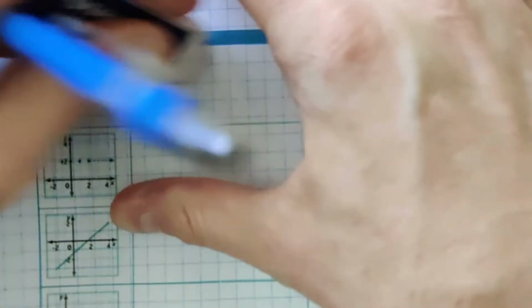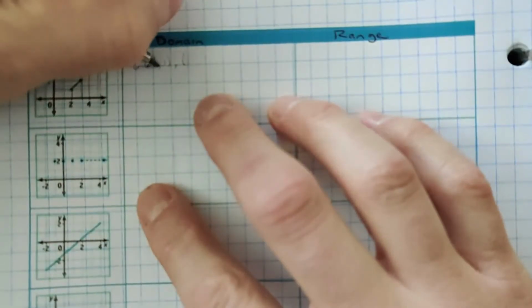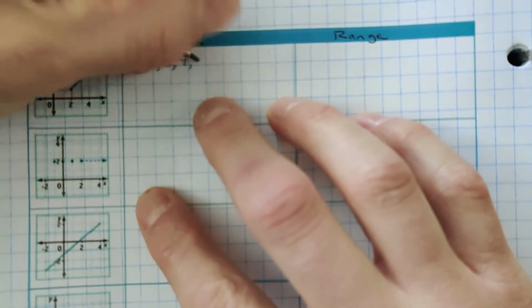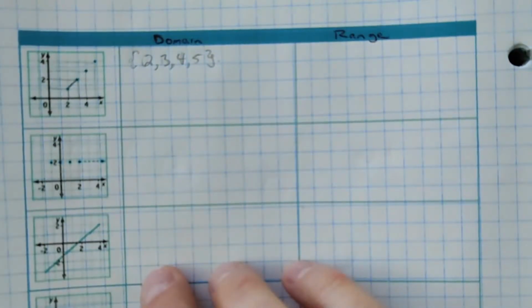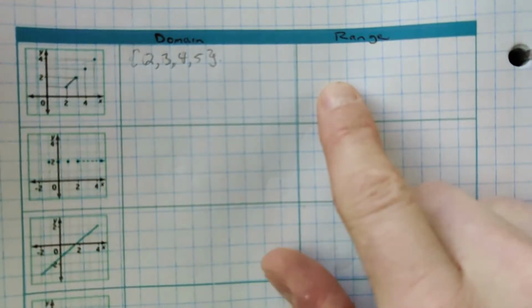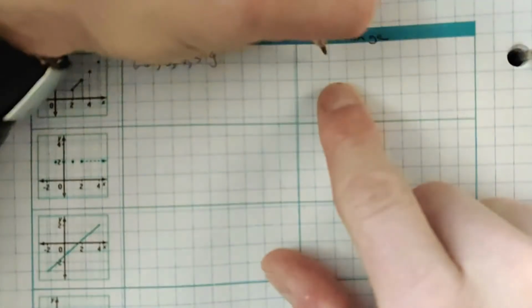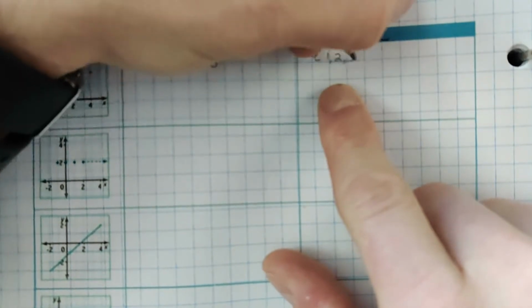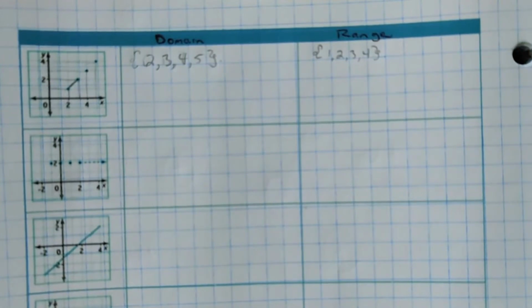We just want to list the x values. So 2, 3, 4, and 5. Those are our x values. And then the range using set notation would be the set of 1, 2, 3, and 4. So there's our sets.